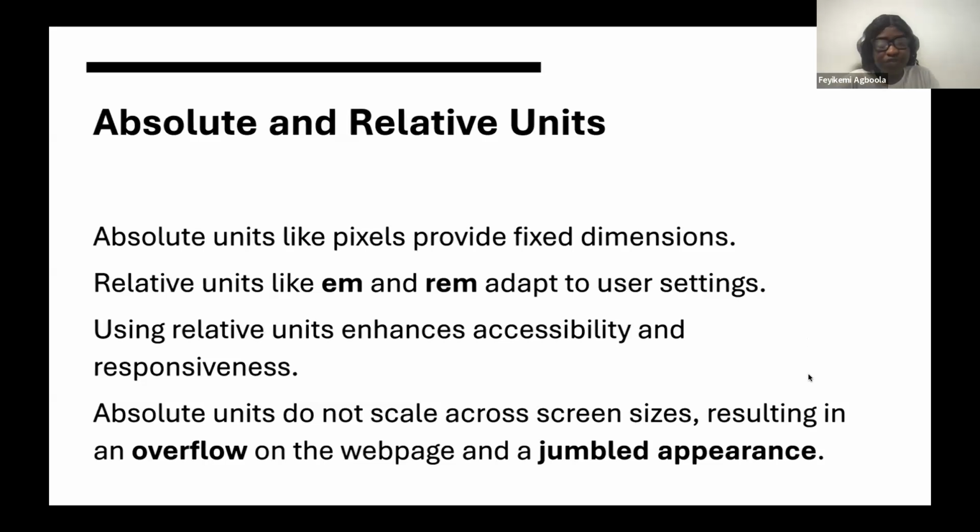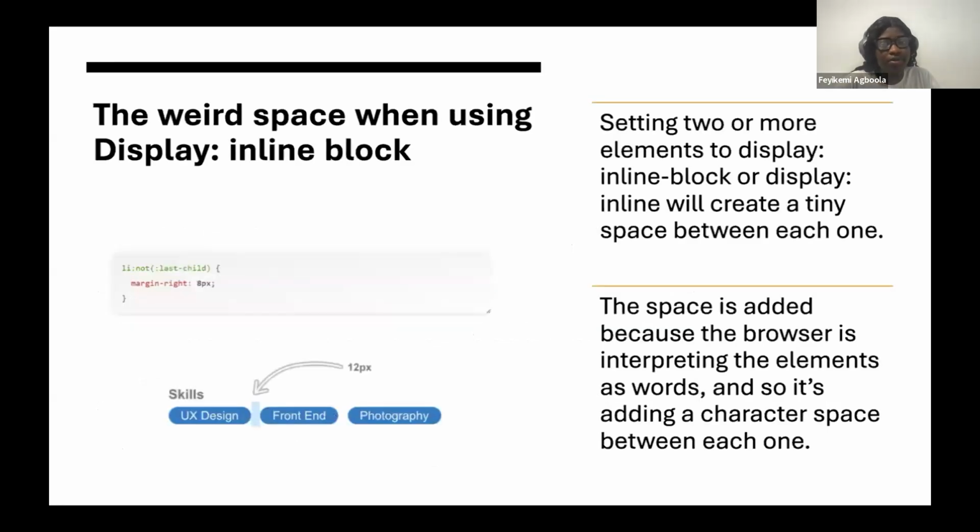Okay, so moving forward, I want to talk about how browsers treat display inline and display block. For inline or inline block, we have some space within them, just as the way we type words on the keypad where we have space.